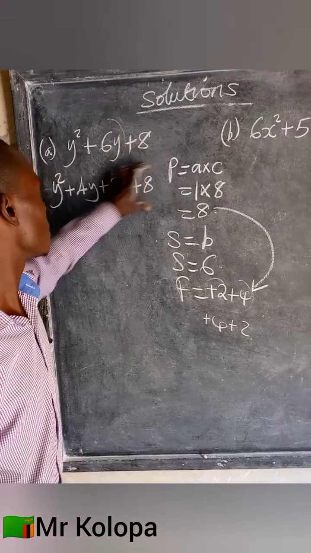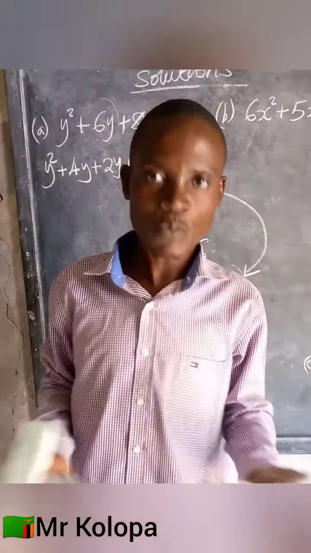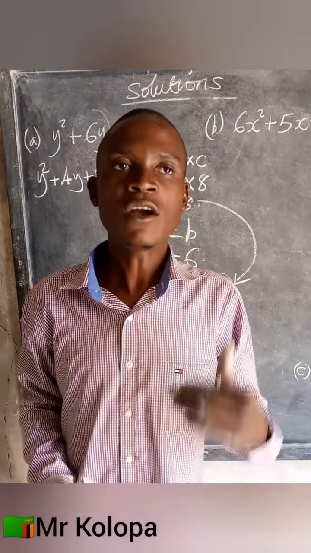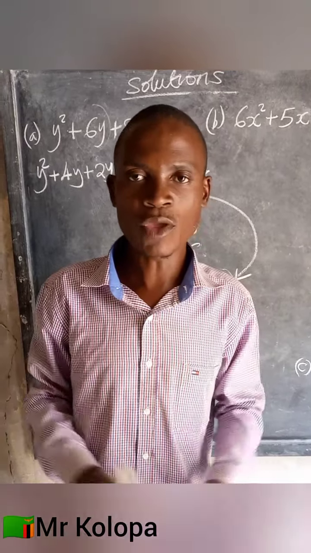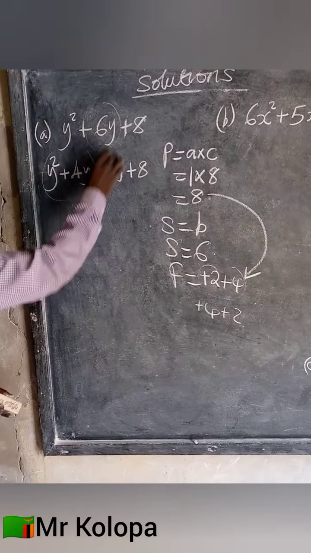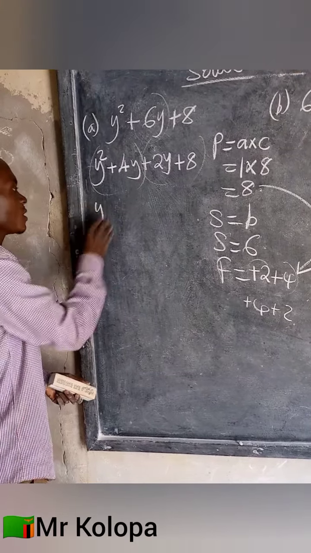Now having this, we have gone back to the grouping. That's why, if you didn't watch the grouping lesson that we had, go back and watch how to factorize by grouping. Okay, so in this case we're going to group 2. What did we say? What is common there? The common is y.